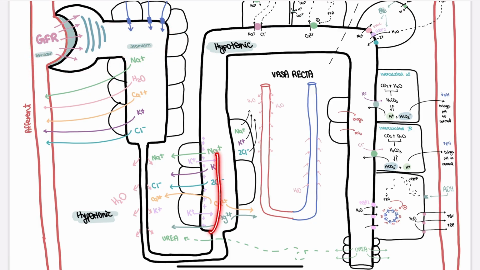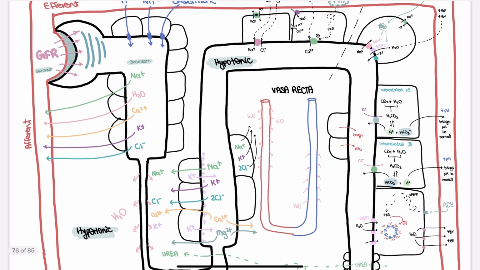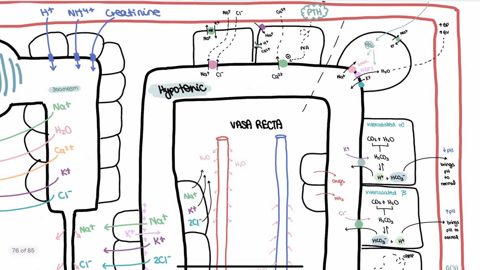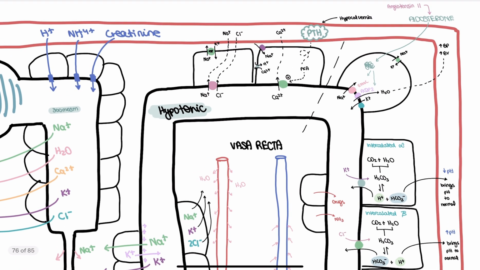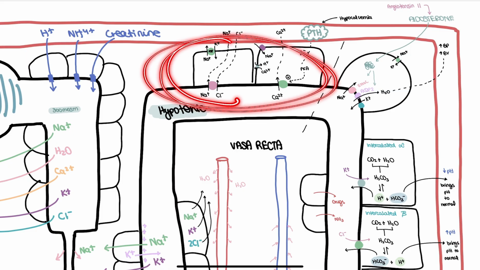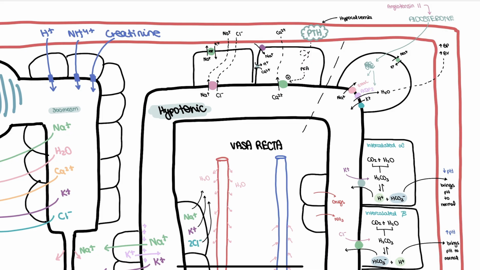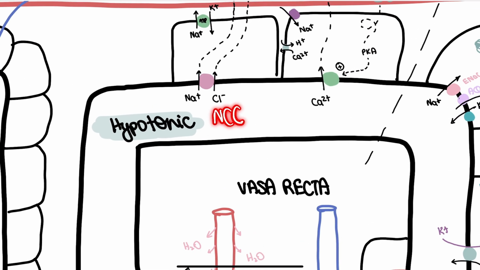Now we move upwards, and what happens is we move to the distal convoluted tubule, and you can see a lot of stuff happening here in those principal cells. This accounts for around 5 to 10% of sodium reabsorption, and we use those NCC channels, or sodium chloride symporter or co-transporter.